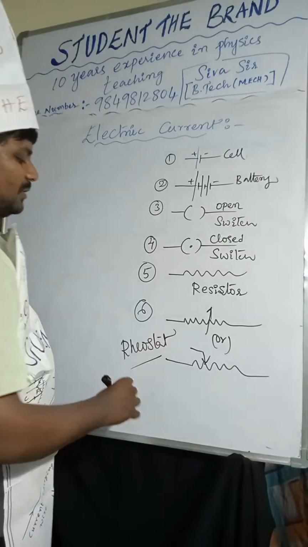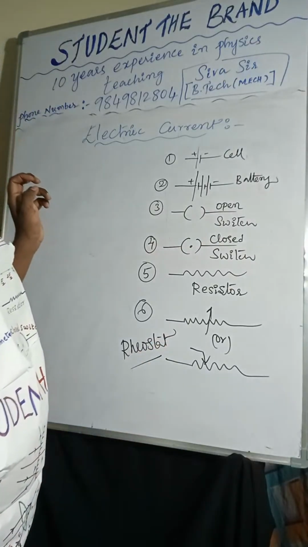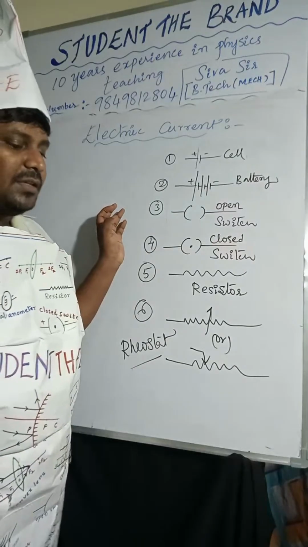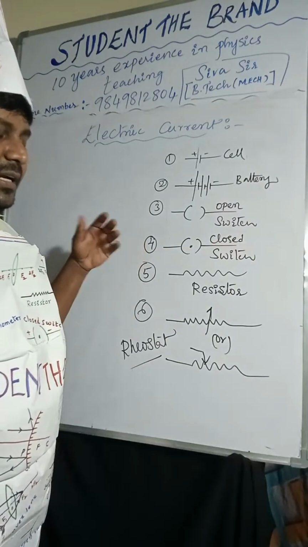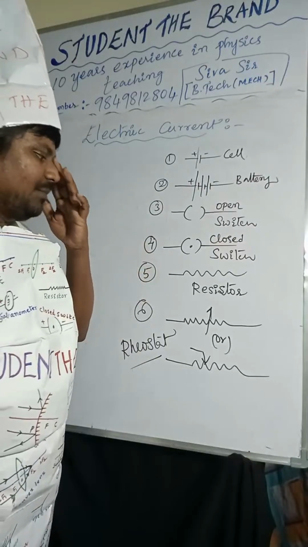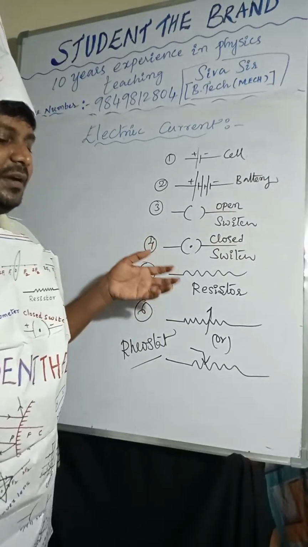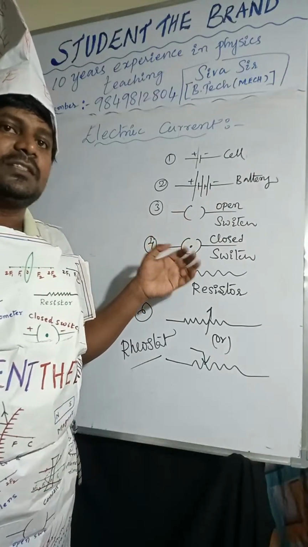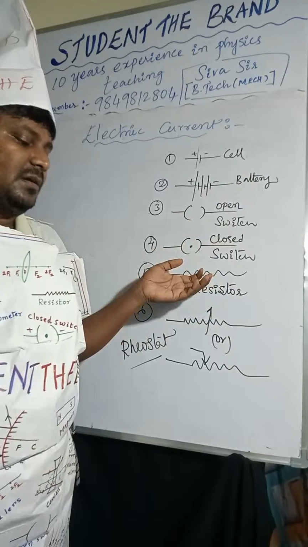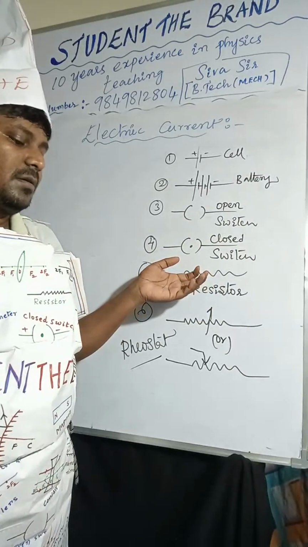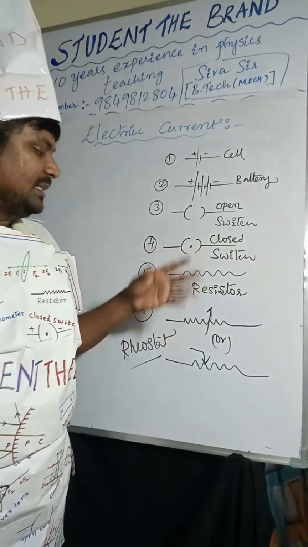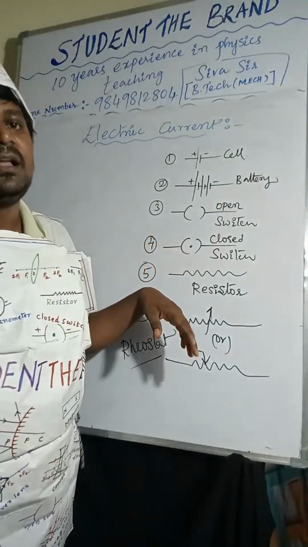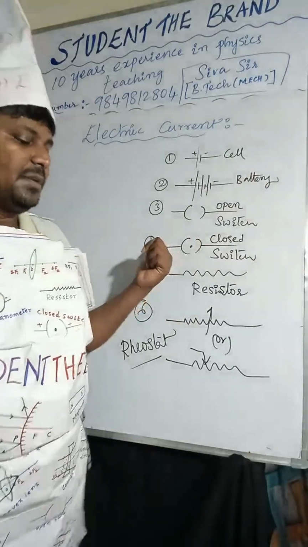The device which, without changing the voltage source, current can be altered. So current we can regulate by using a rheostat. Without changing the voltage source, we can adjust the current. That is nothing but rheostat.